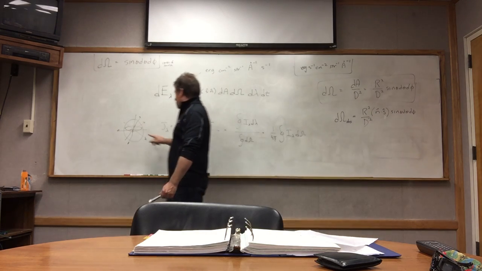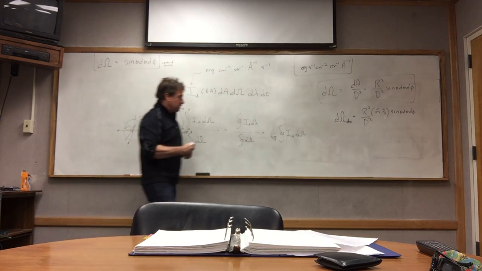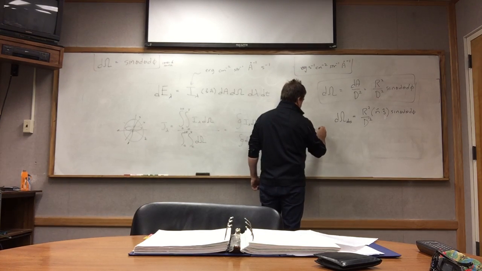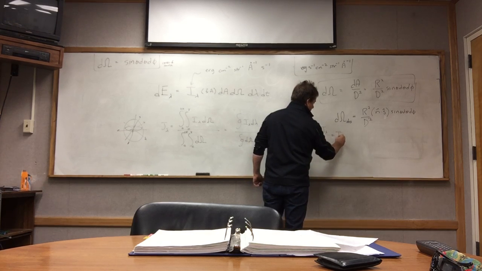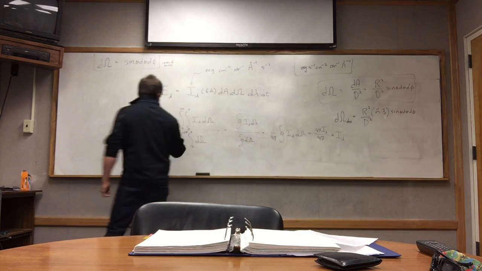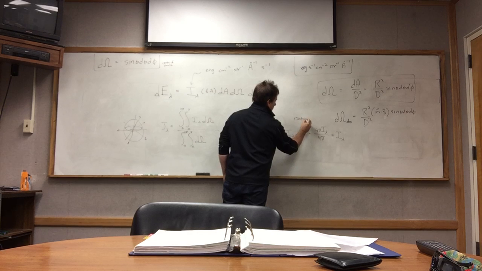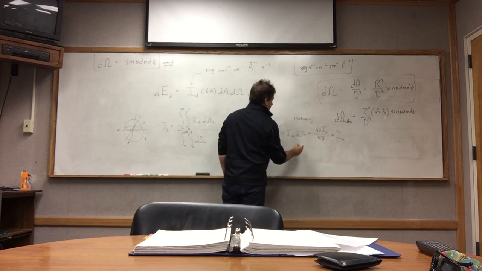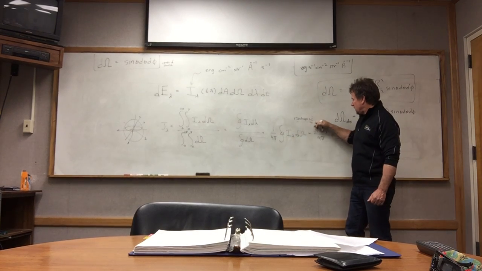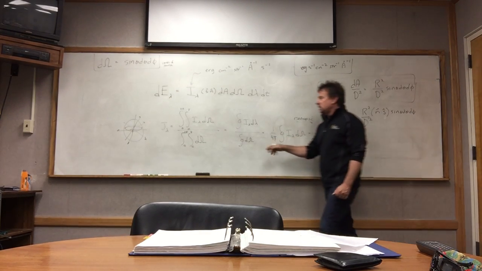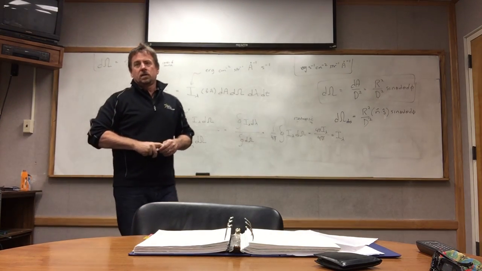If it's isotropic, so that the magnitude is independent of angle, look what happens. If it's isotropic, so you have to do this integral if it's not isotropic. If it's isotropic, it breaks down that the mean intensity inside of a sphere is actually equal to the specific intensity itself. Okay.